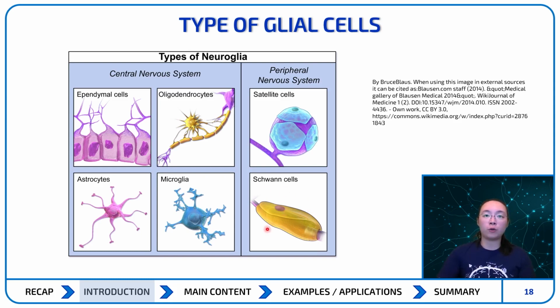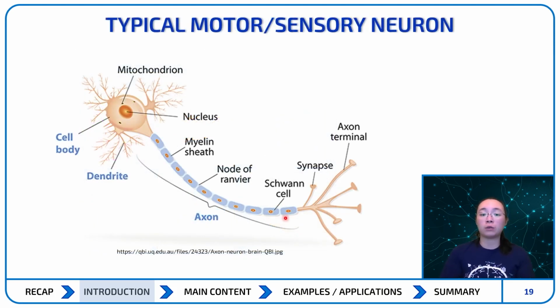What they do is they help form a myelin sheath around the axon of motor and sensory neurons. So you can imagine this purple rod over here is an axon, and the yellowish stuff would be the myelin sheath that coats that axon, with this being the Schwann cell that creates the myelin that creates the sheath. So now that we have a structure of a neuron and the contribution of the glial cells, specifically the Schwann cells, we can have a more detailed diagram of our typical motor and sensory neuron.